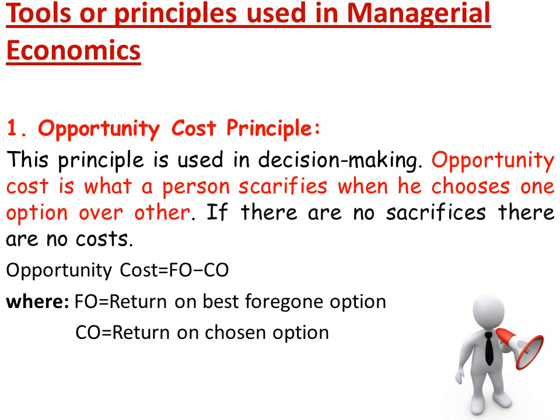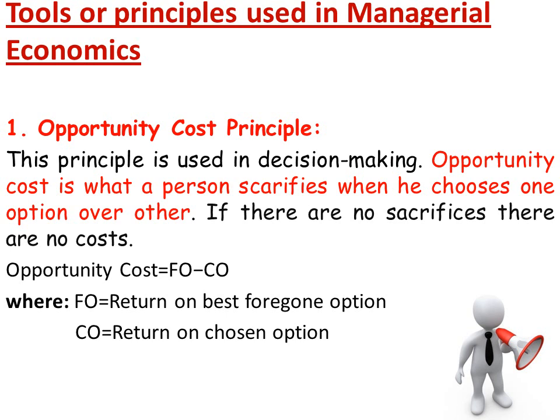The person who has sacrificed one option, which is called the foregone option, gives up the return on the best foregone option and has chosen another option. So the difference between the foregone option and the chosen option will be called opportunity cost.